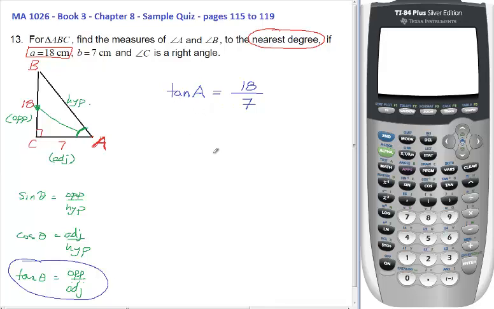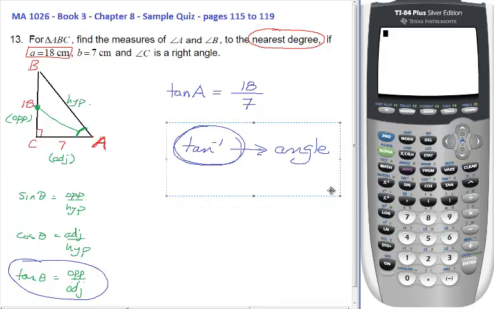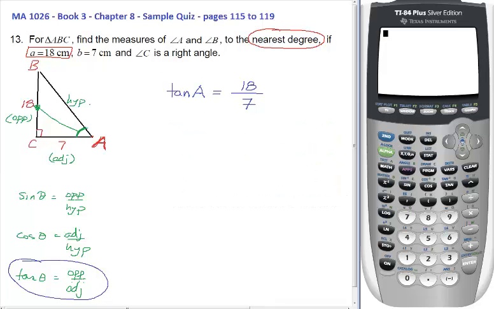If you're looking for the angle, we always have to use the inverse button, tan to the -1, cos to the -1 or sine to the -1. Therefore if the tan of A is 18 over 7, then angle A is the inverse tan of that ratio, 18 over 7.